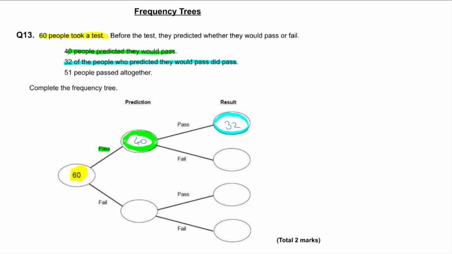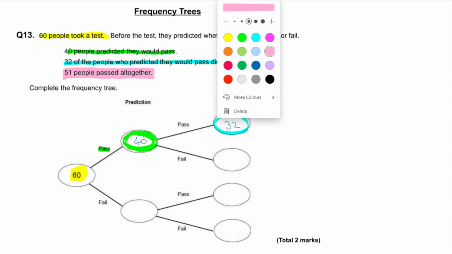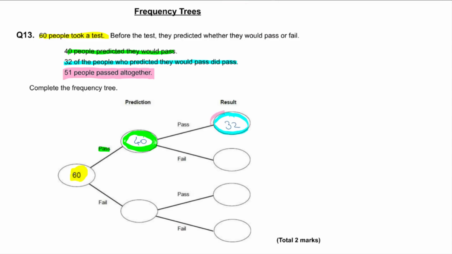Okay. Now the next line says 51 people passed altogether. Now that is this circle and this circle combined, isn't it? They're the ones who passed altogether. Okay, so either they thought they would pass and they did pass, or they thought they would fail and they did pass.